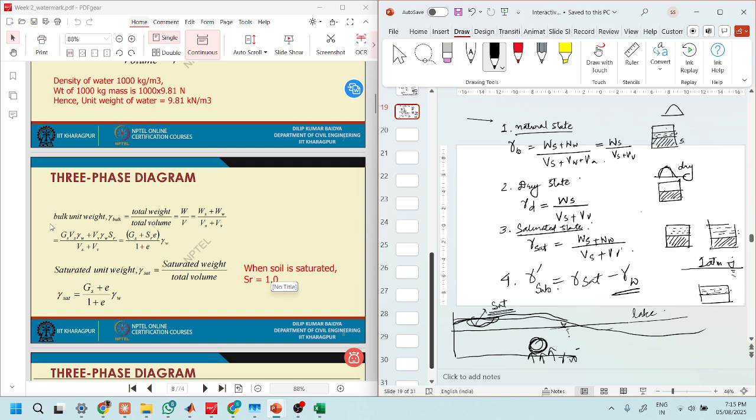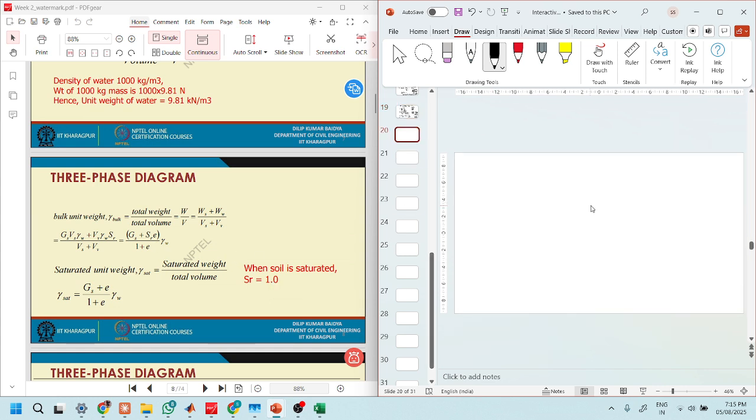Okay. So this is the formulation. This is the most standard definition. S times e equals G w.